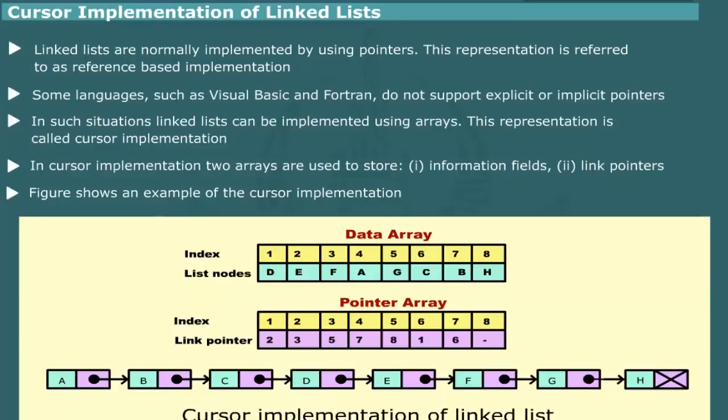By using this information, we can traverse the data array and list all the elements. The corresponding linked list is also shown pictorially. Note that the elements of the array are sorted. A major drawback of array implementation is that size of list cannot be increased dynamically.